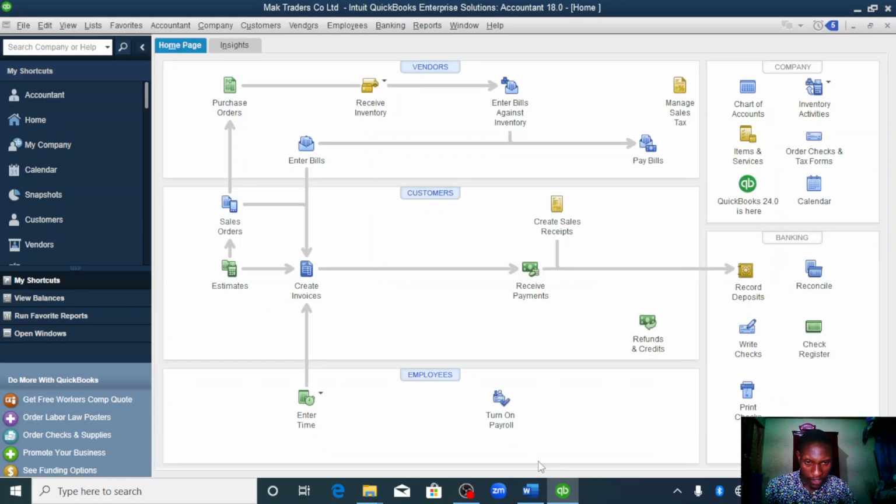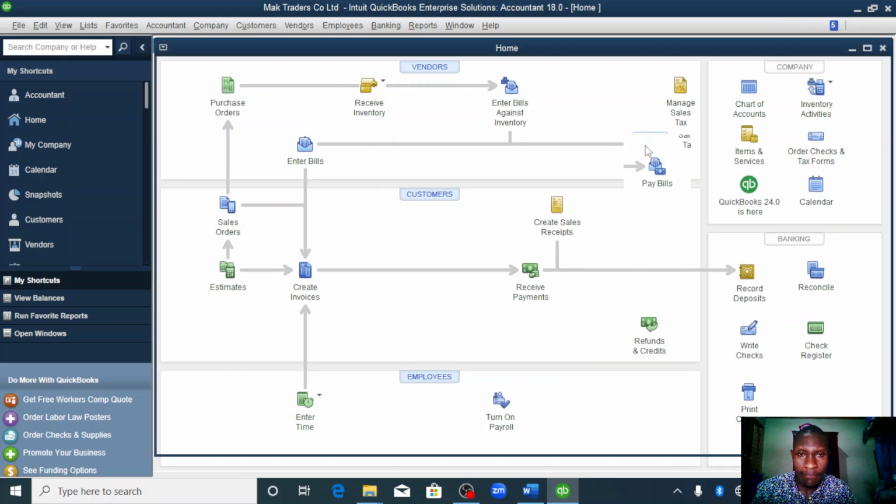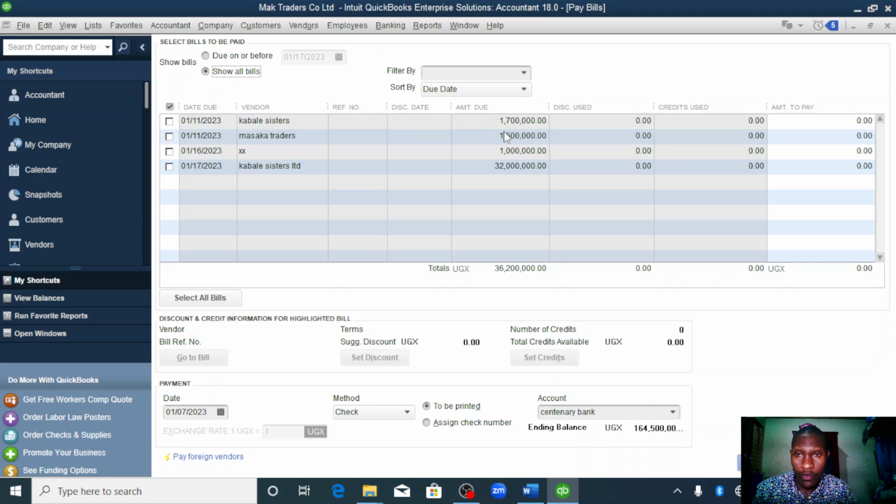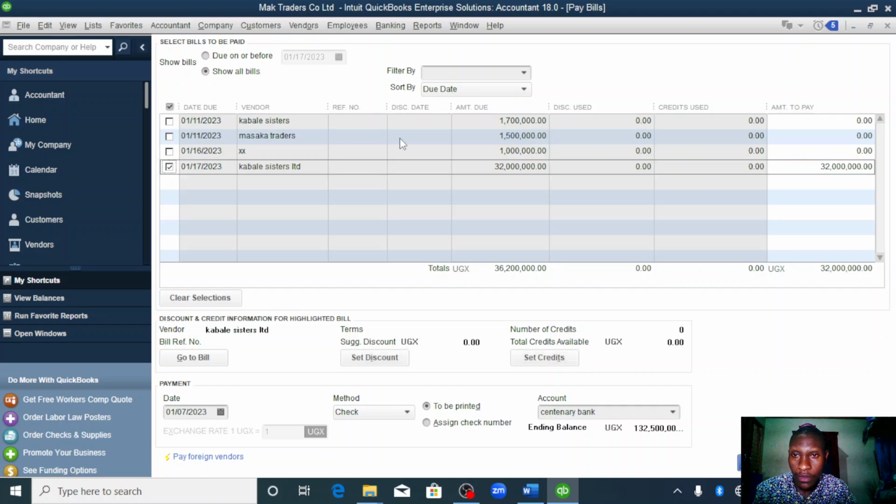So they are telling us that he made half payment. So we go on pay bills. We click on Cavalry Sisters Limited. So we want to pay half of 32 millions. So that is 16 millions.